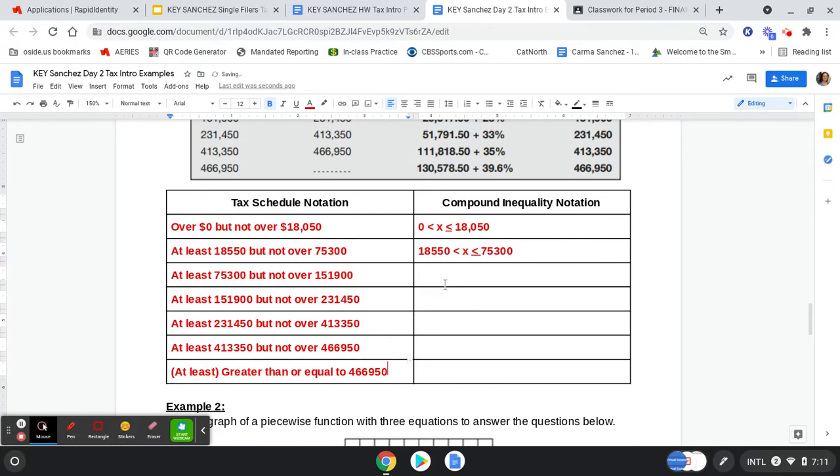Now to match these words, we're going to do the inequalities right here. And let's put in the correct numbers here.